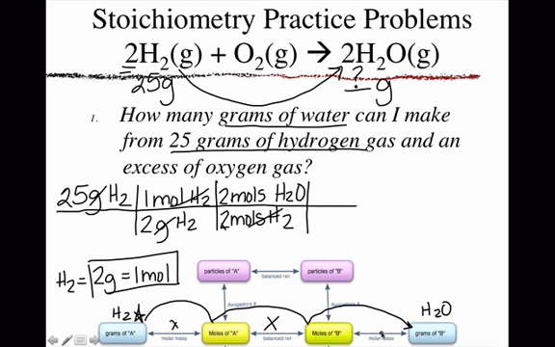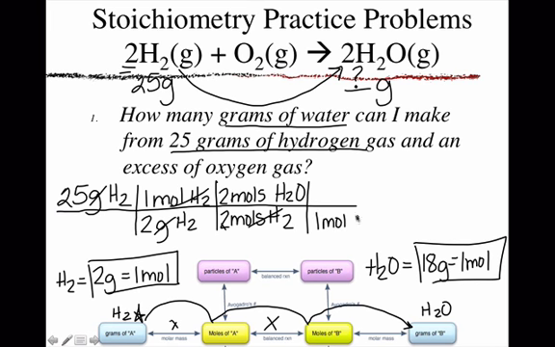And then my third conversion factor is molar mass again, but this time I want the molar mass of water. So on the periodic table, if we look up the molar mass of water, we would calculate it as 18. So there's my last conversion factor. This is moles. So this time the 1 mole of water needs to go on the bottom. That way it's going to cancel with that. And then I'm going to put the 18 grams of water on top. That doesn't cancel grams of water.